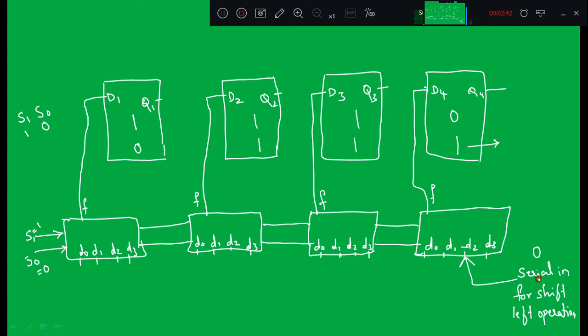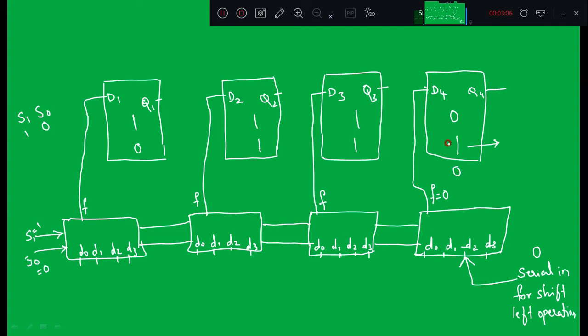Initially, what I will load here from outside, I will send 0 to D2. So when the select line is 1 0 and D2 is 0, F will become equal to 0, and after applying the clock pulse, that 0 will be loaded in this fourth flip flop. So here it is equal to 0.